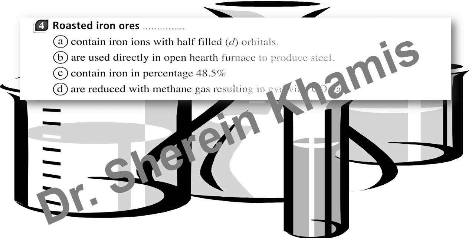In the case of ore, all iron ions, whatever the state, contain a half-filled d orbital. Okay, it's the main characteristic of iron in all cases.